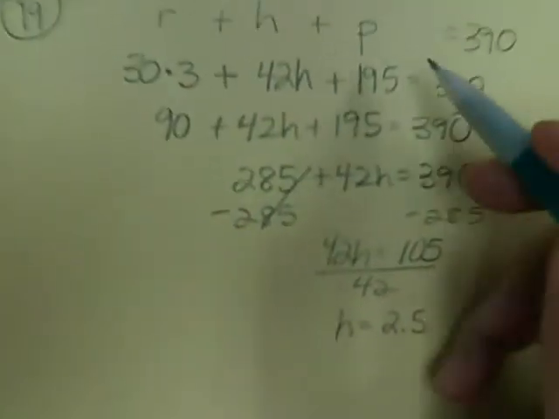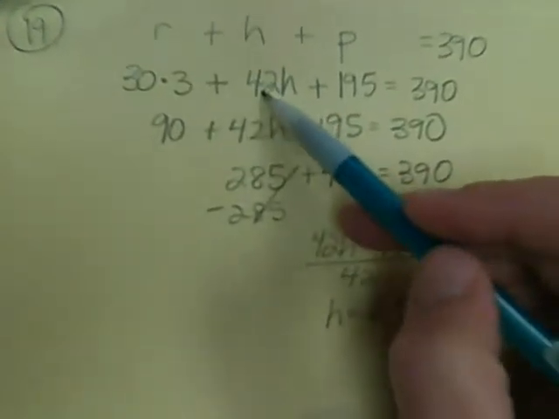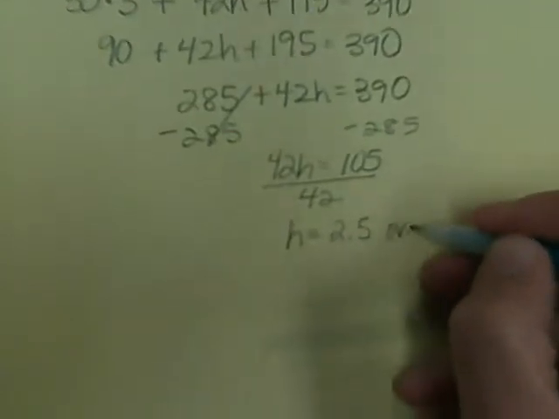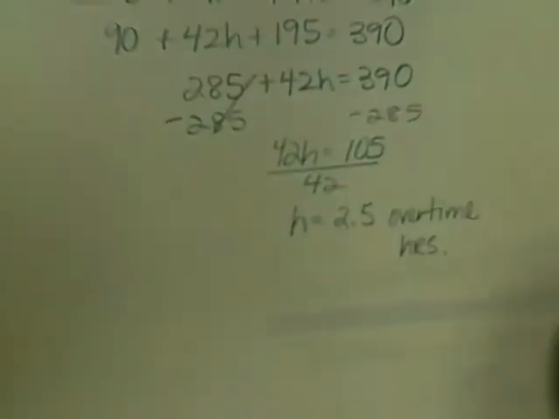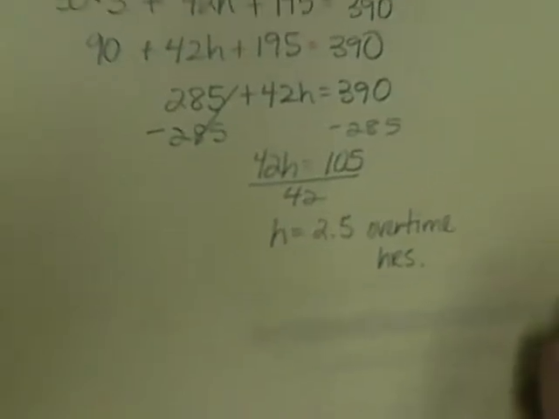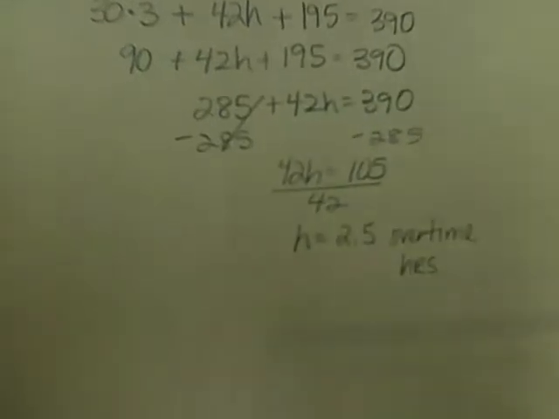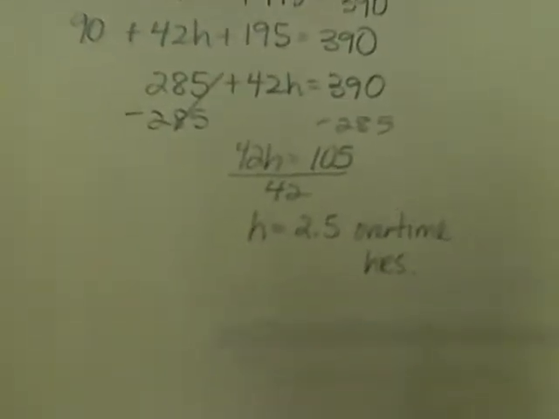Now remember, what did H mean up here? He was getting $42 per overtime hour. So I need to label that overtime hours, not just hours, because that could look like regular hours. So we want to make sure we label that correctly. Okay, so that was number 19. Let's turn the page.